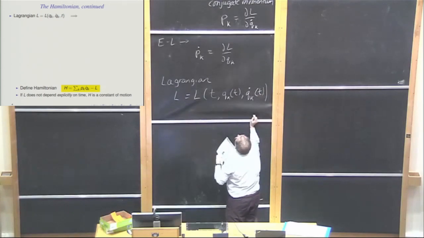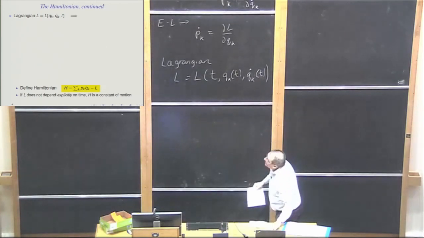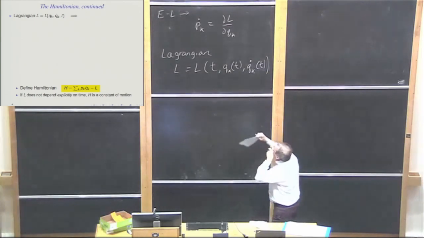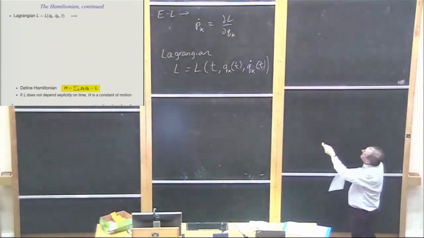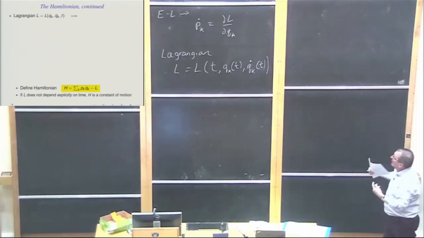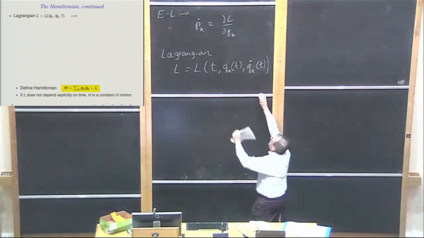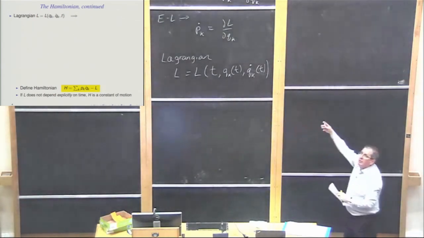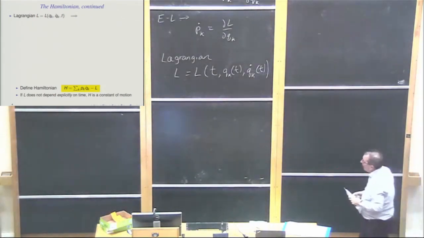This might look in slight contradiction to the above. That's because these two generalized coordinates can vary with time, and so I write them as functions of time to make that point very clear.